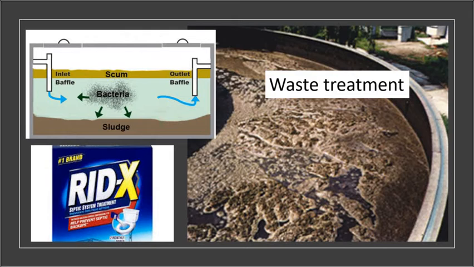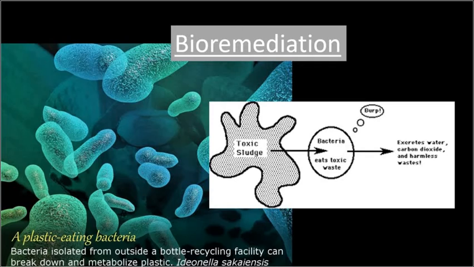Now, a relatively new technological use is called bioremediation. And this is where bacteria actually is able to eat things that are toxic, as well as things that generally are not able to decompose. They will be able to eat, say, an oil spill.